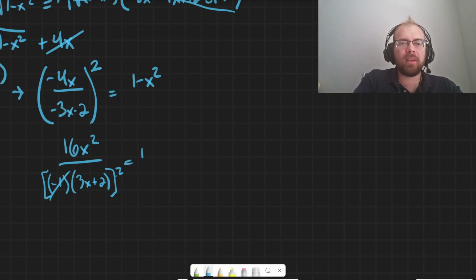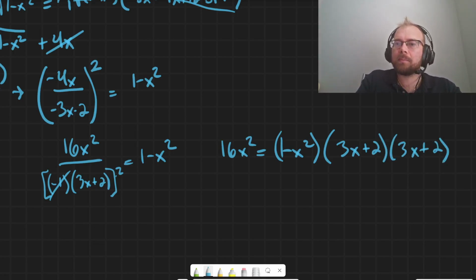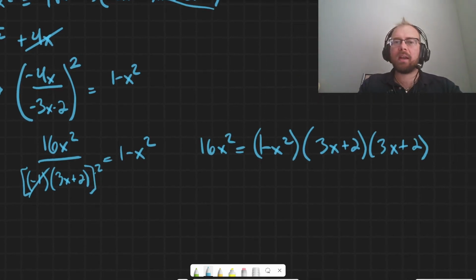I want to keep things positive if I can. So I'm going to times both sides by 3x plus 2 squared. And then that's going to be 16x squared is equal to 1 minus x squared times by 3x plus 2 squared, which is 3x plus 2, 3x plus 2. Okay, so that's what I've got right now.